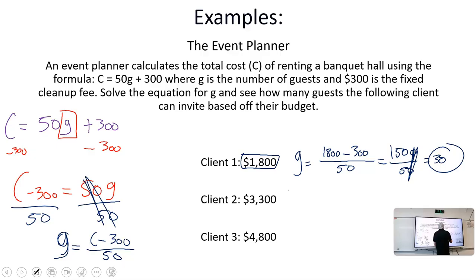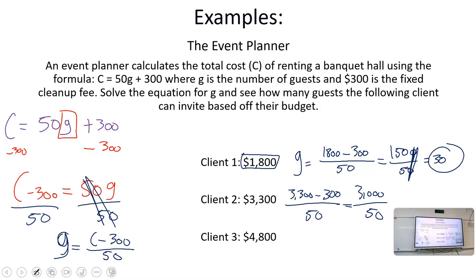Let's do it again. We're going to do 3,300 minus 300 divided by 50. Okay, 3,300 minus 300 is 3,000. Divided by 50. Okay, so let's go ahead and punch that into your calculator if you need to.